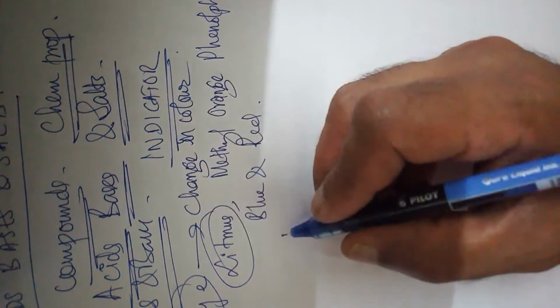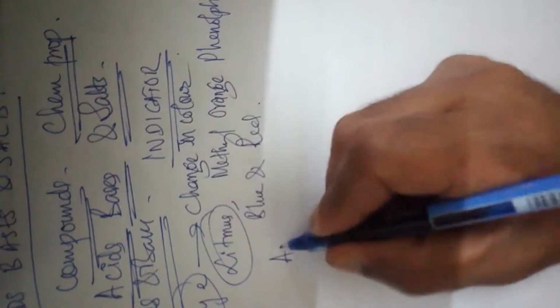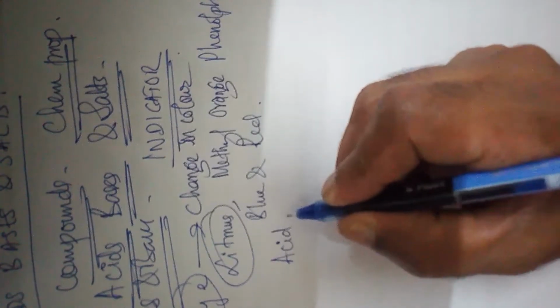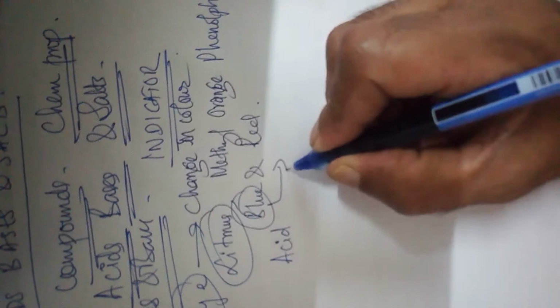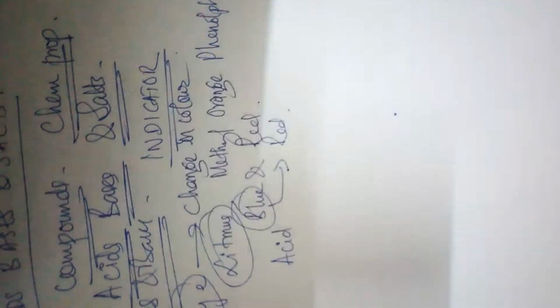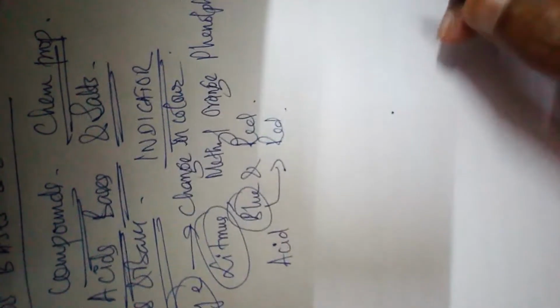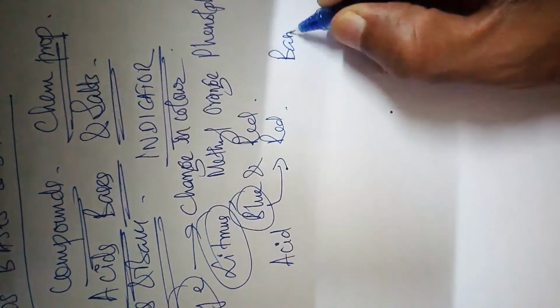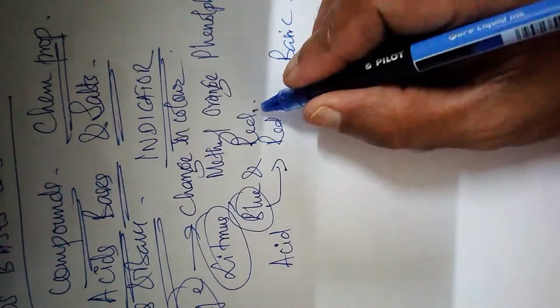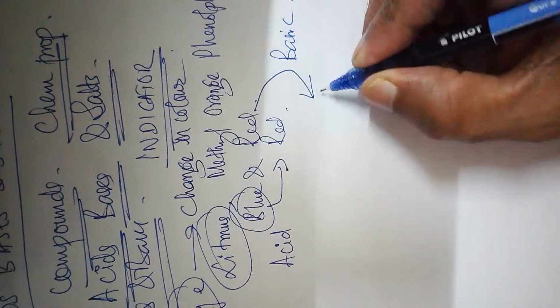In an acidic medium, blue litmus changes its color to red. And in a basic medium, red litmus changes its color to blue.